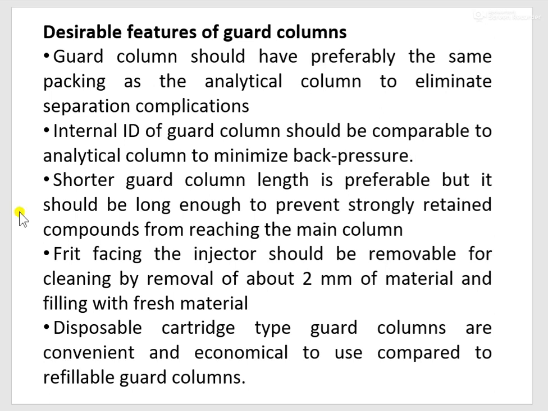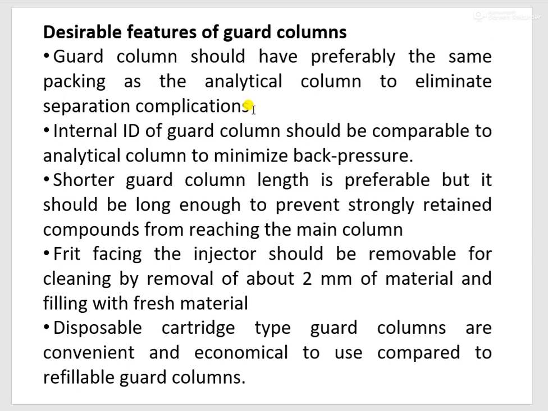Now, what are the desirable features of any guard column? The guard column should preferably have the same packing as that of the analytical column to eliminate separation complications. So, if you are using a C18 column, the guard column should also have a similar type of packing.